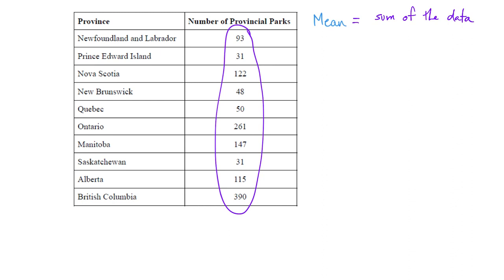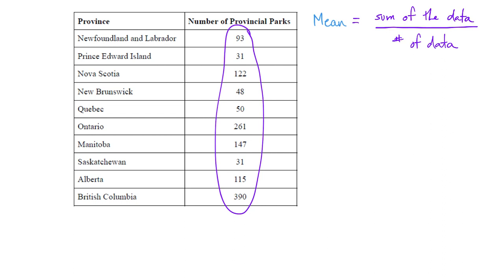Once we've added all that up, then what we're going to do is we are going to divide that value by the number of data. So the number that we're trying to break this up among.